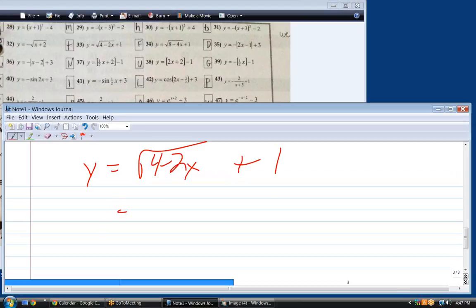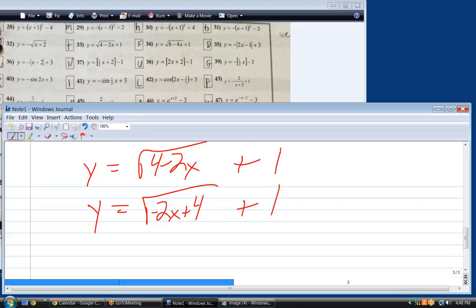Well, what that really is the square root of minus 2x plus 4 inside the radical sign plus 1. So what's going on here? It's being horizontally shrunk by 1/2 and reflected over the y-axis. Okay. And left 4 and up 1.